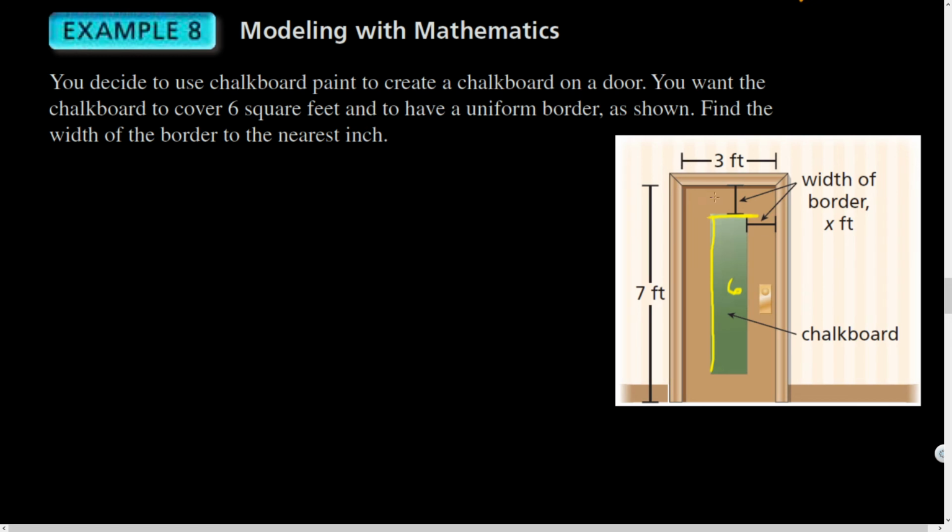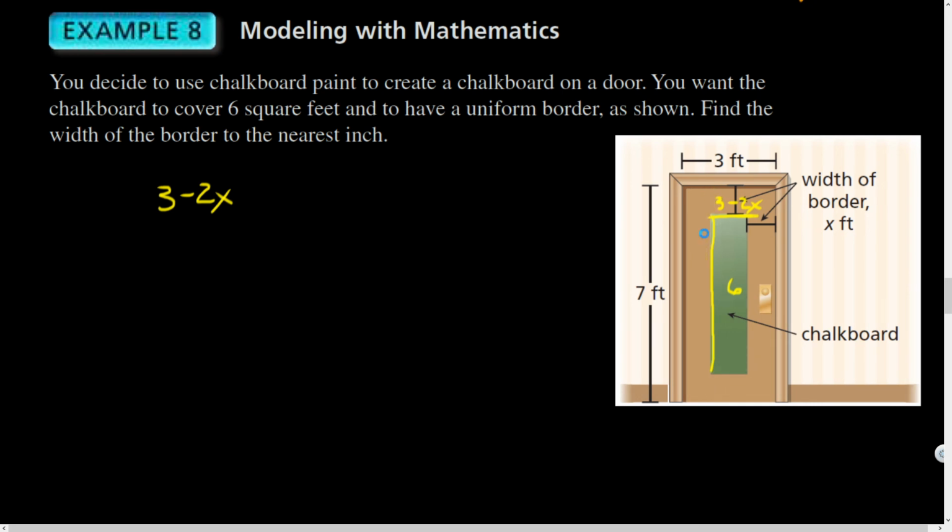Well, 3 was the whole way across, and I would have had to subtract an x here and an x here. So 3 minus 2x is one of those dimensions. And here was 7 feet, but I would have had this x here and this x up here.